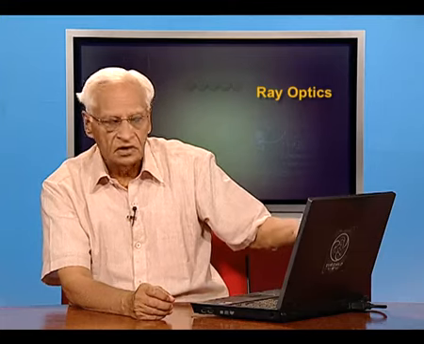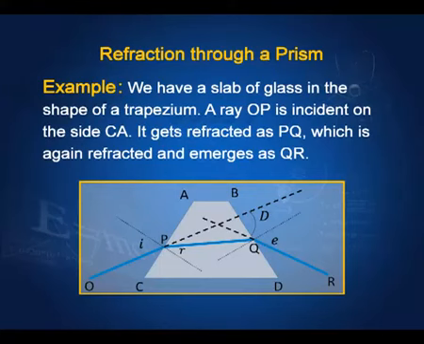I was talking of a prism. Let us see this slab. This is a slab which is in the shape of a trapezium. Here the light enters, this OP is the incident ray, and this gets refracted to PQ, and this gets further refracted when it comes out as QR. Now, you can see that QR is no longer parallel to OP, which we found earlier.